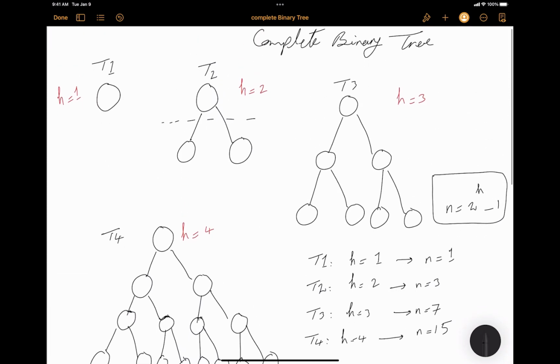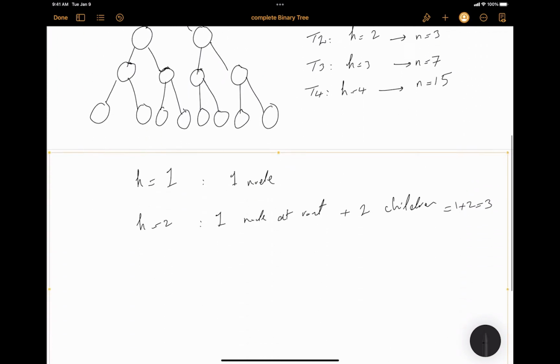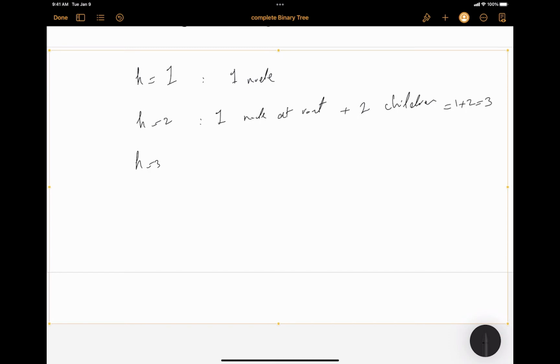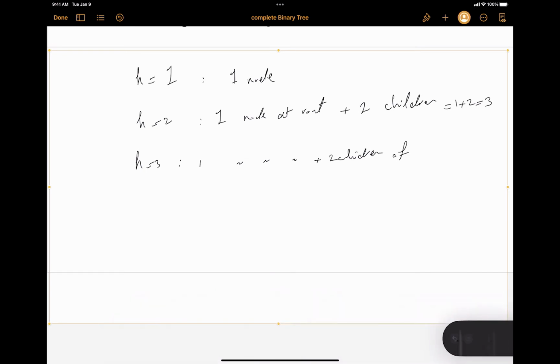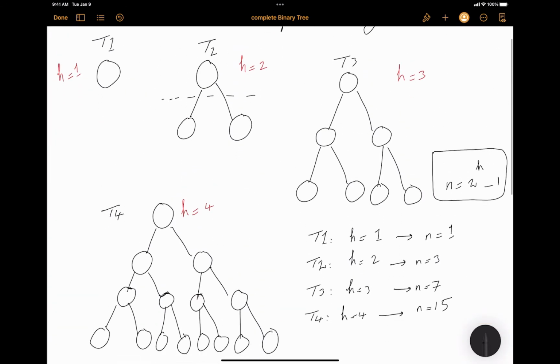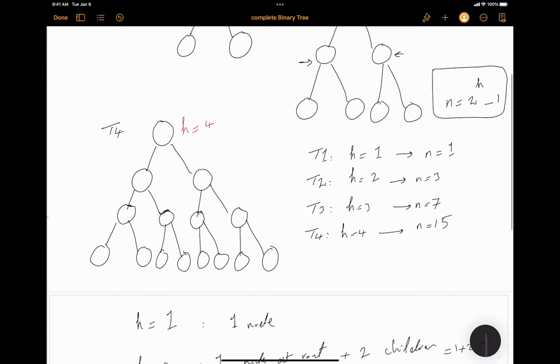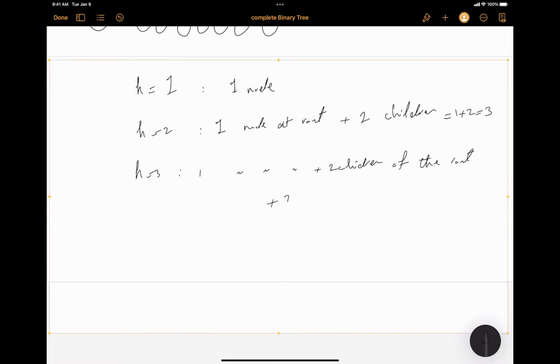In T3, which is a complete binary tree of height 3, we had one node at the root plus 2 children of the root, and each child of the root, as you see, like this one and this one, both of them also have 2 children, so it's going to be plus 2 times the number of children that we had here, so 2 times 2.